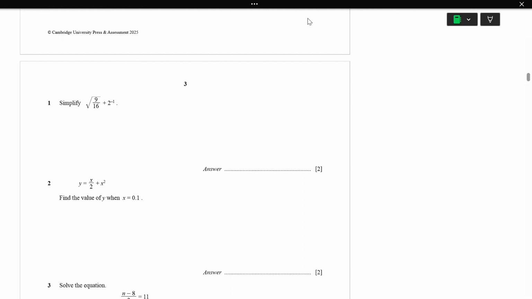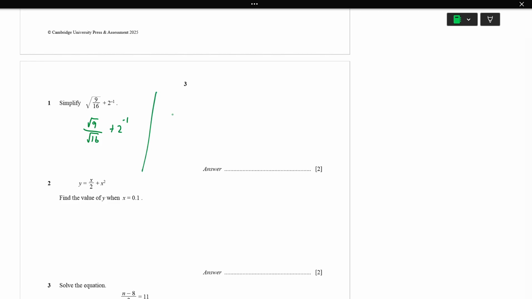Simplify square root of 9 over 16 plus 2 power negative 1. Here, we can write square root of 9 over square root of 16 plus 2 power negative 1.